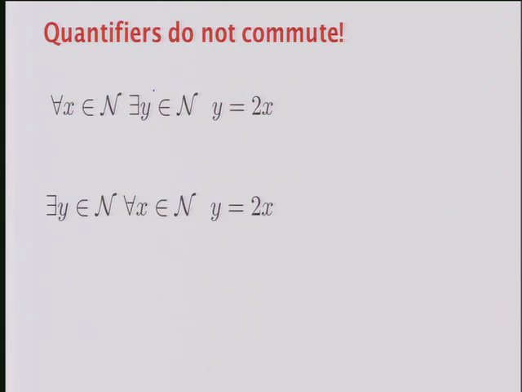Because this is saying there's a particular y. So for example, it might be y equals 100, but you're fixing that y, and now you're saying for every x, 100 equals 2x. But that's obviously false, right? Okay, good.